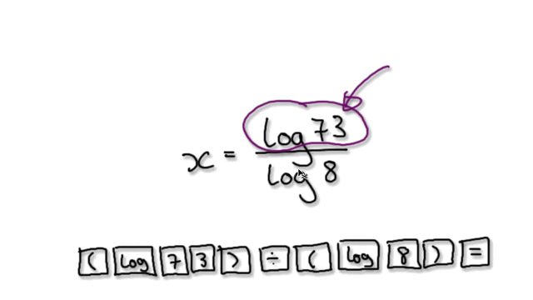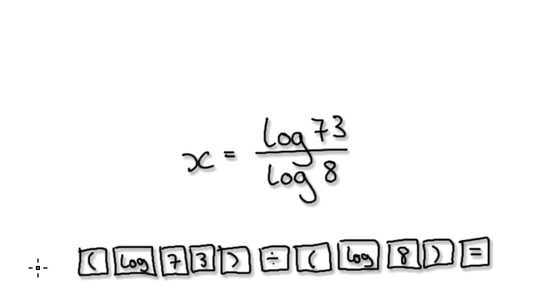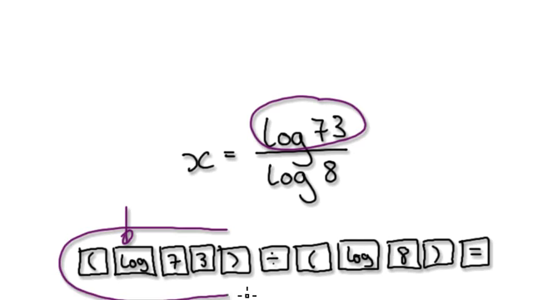When you come to work this out on your calculator, every calculator will be different, but for most calculators, you can just press brackets, punch in the log button, 73, and then divide by the log of 8.